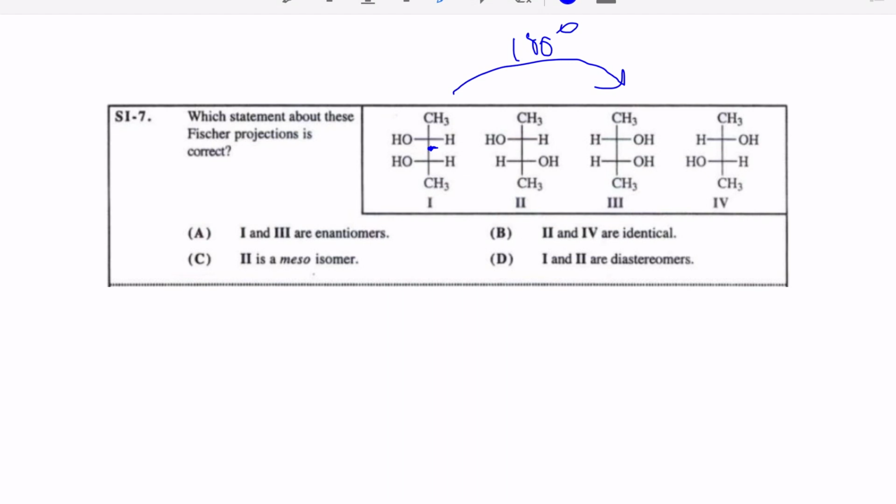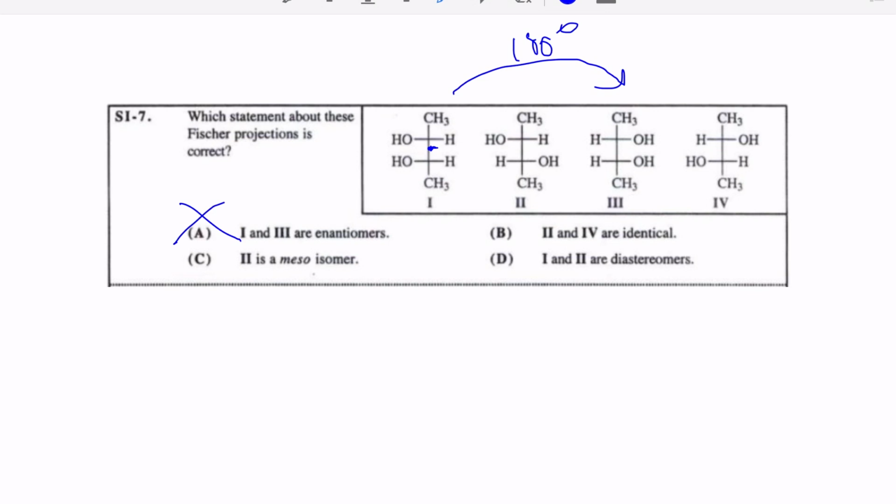So this tells us something very important. It tells us that these two compounds are identical. So if they're identical, that means they can't be enantiomers. So this means that A is not a correct answer choice.